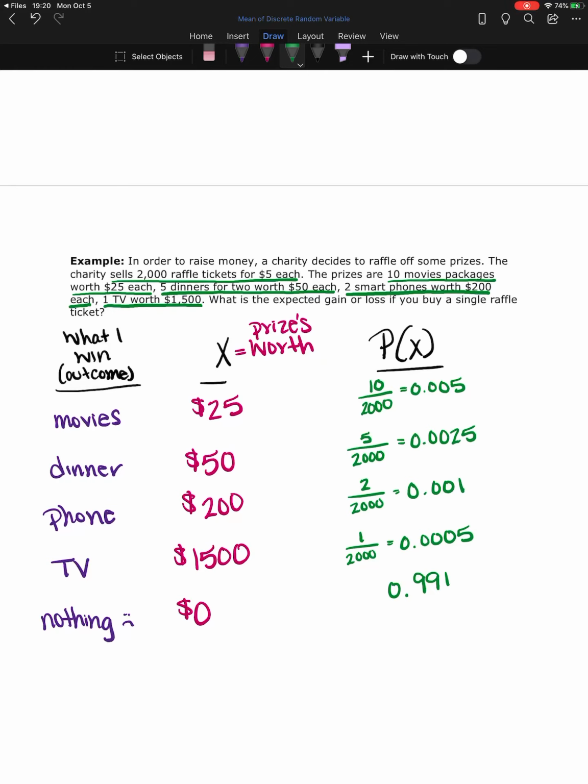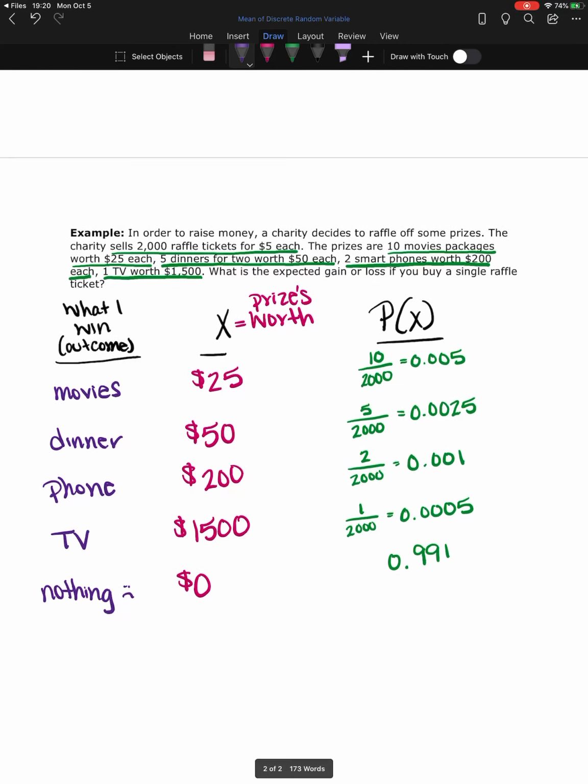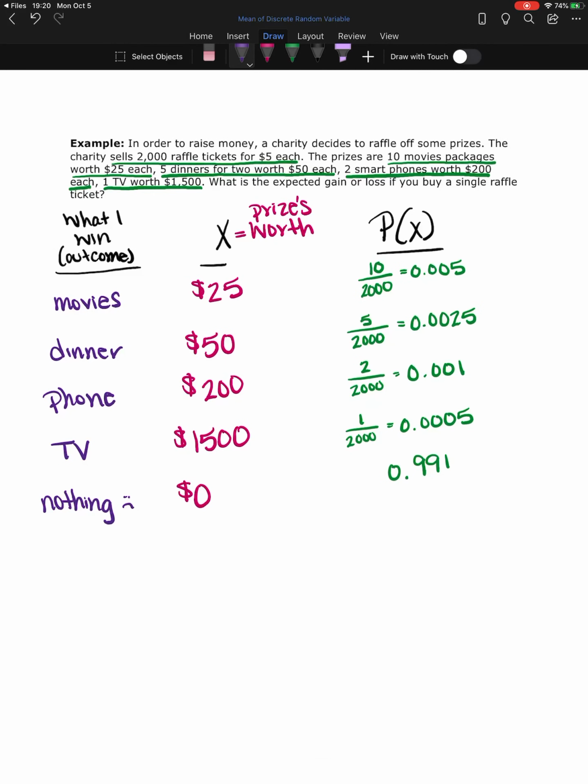So now I have a distribution with X values and probabilities for each of those X values. So I can go ahead and figure out the expected value, which means I'm going to calculate the mean. I'm going to do it more in one step than I did the last one.